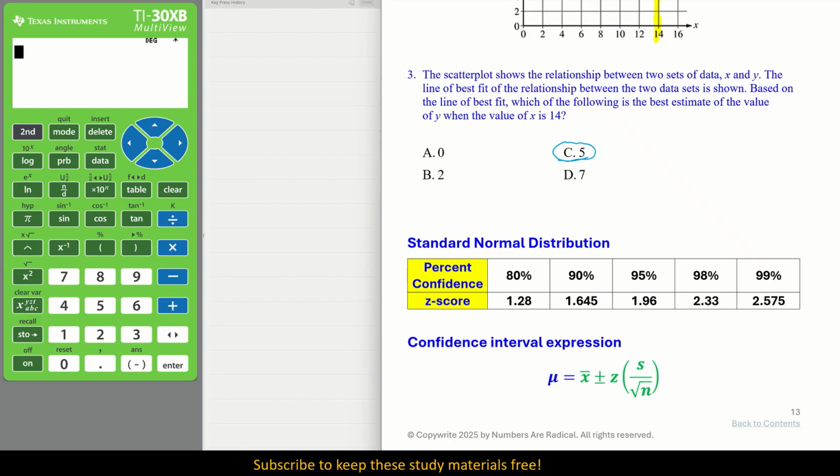Very important when it comes to confidence levels. On the test, I don't remember this at all as being something that I had to memorize. That's why I'm giving you the table.